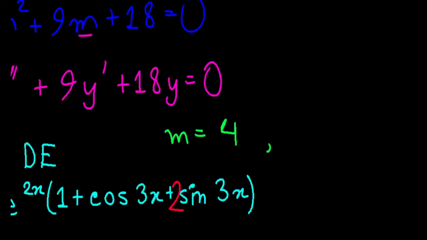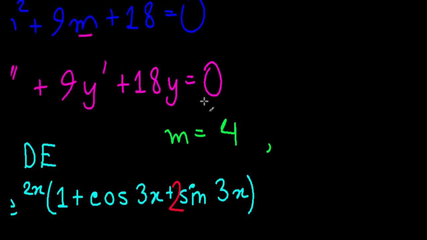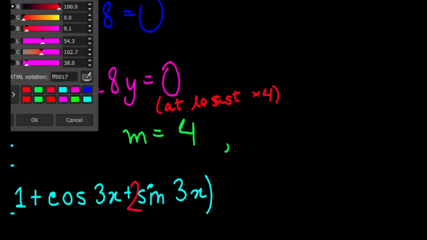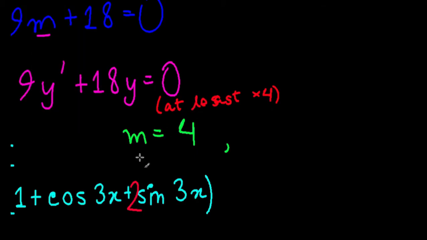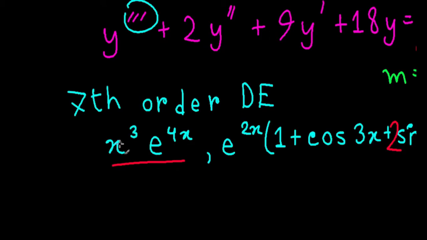Not only is this a root, I'll write this in a different color somewhere. It has a multiplicity of at least 4. That one's done. Now we'll write the portion of the general solution that it contributes. If it's repeated at least 4 times, and goes as far as x cubed, this is not going to be the only term, and even if you just multiply it by a constant, that's still not the only term.